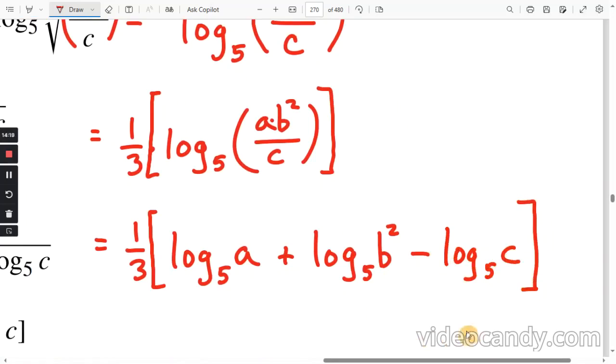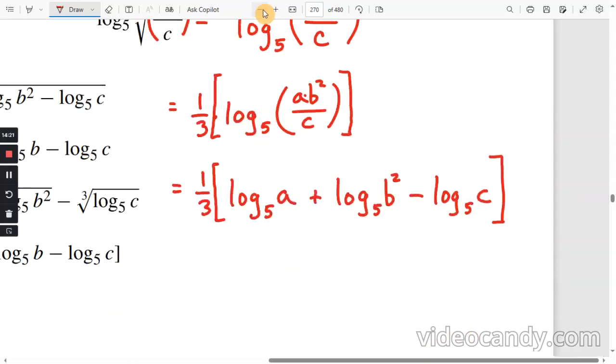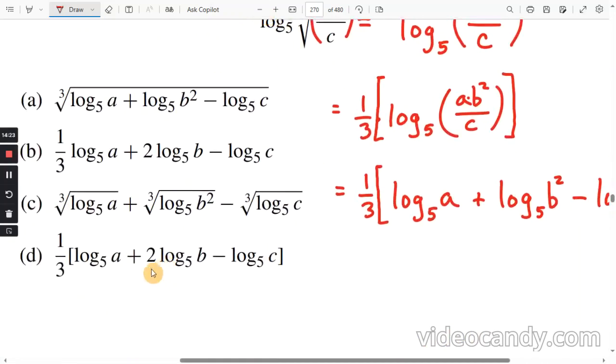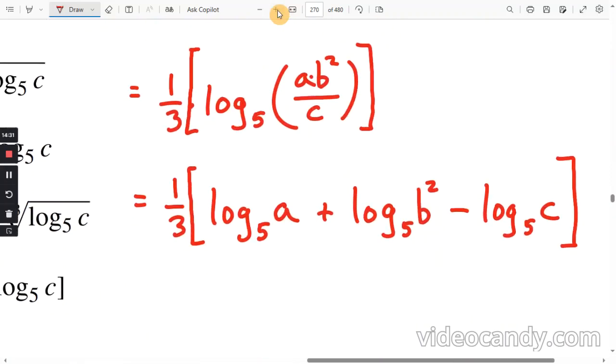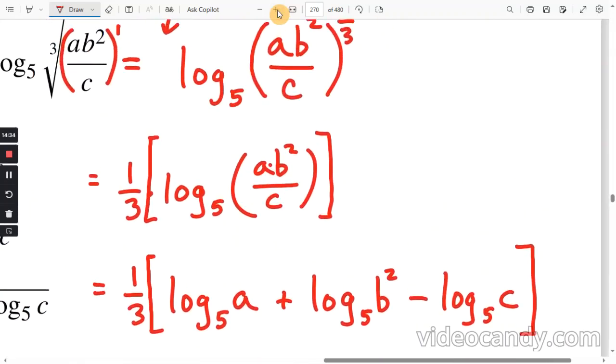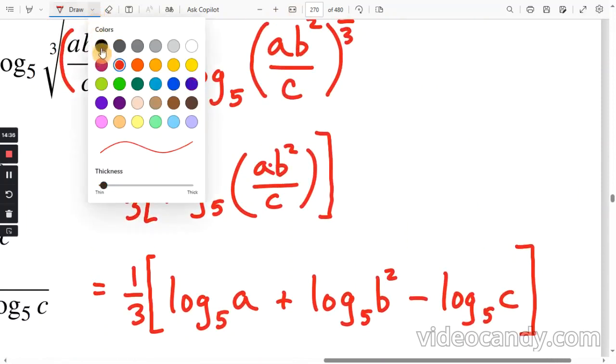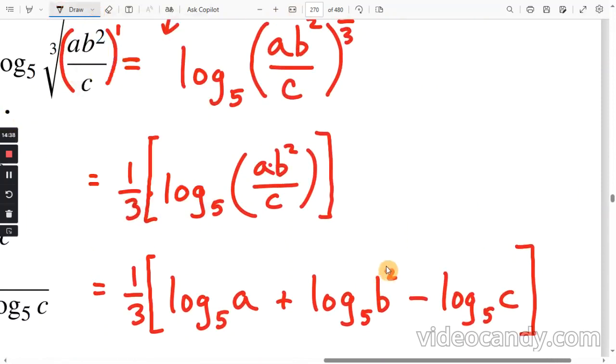Hopefully that does it. Let's check their answers. All right, let's see. 1/3 log base 5 of a. Okay, one more step. The final step on this one, you apply the exponent rule again, and the 2 would go out front like so, and you can just cancel this 2 here.